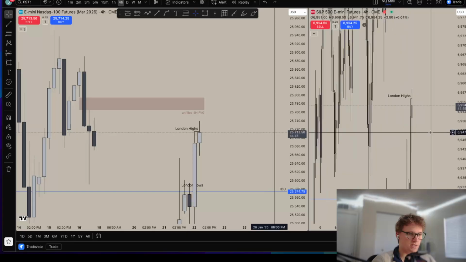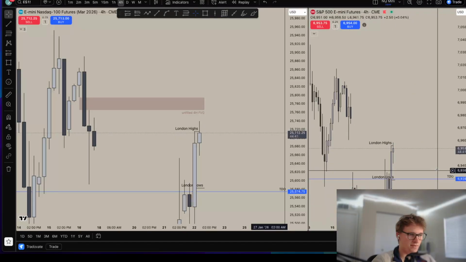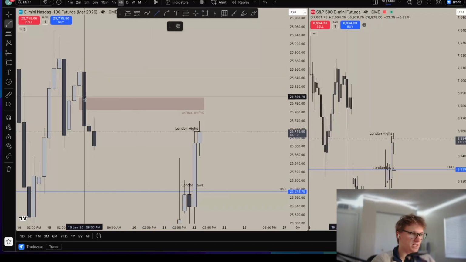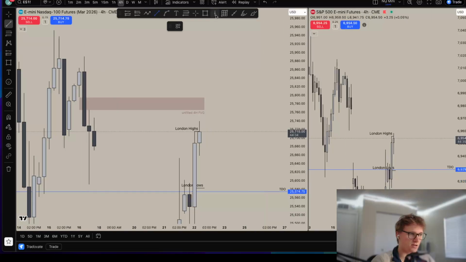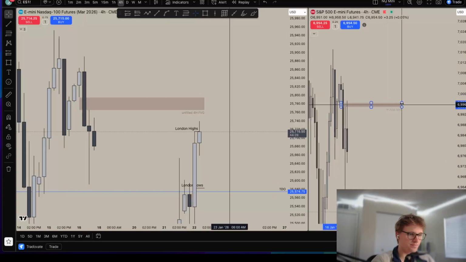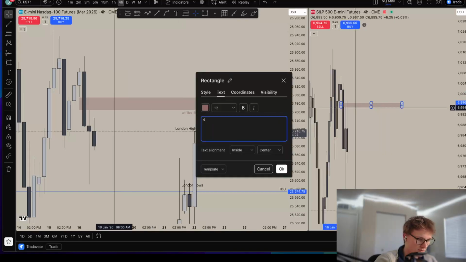When we look on ES, looks like ES does not have any unfilled 4-hour gaps. We just have this high up here. This is an SMT right here because ES had already tapped into this 4-hour, so that is something to note. We already have an SMT right there. Could see that being a protected high.